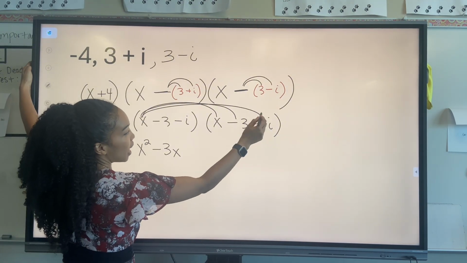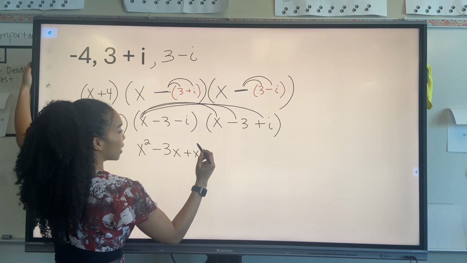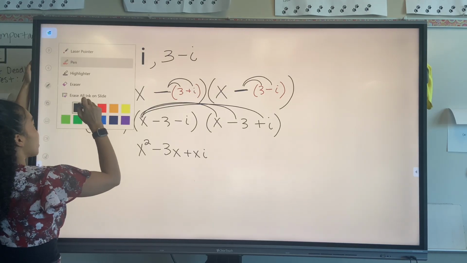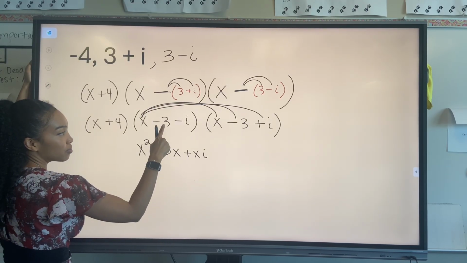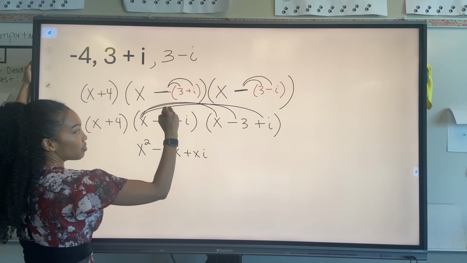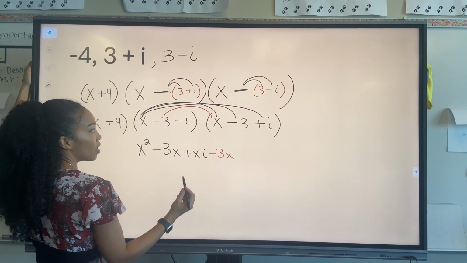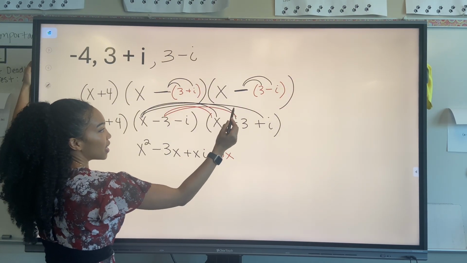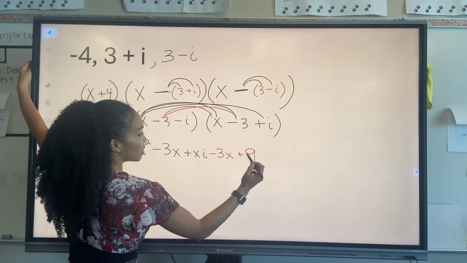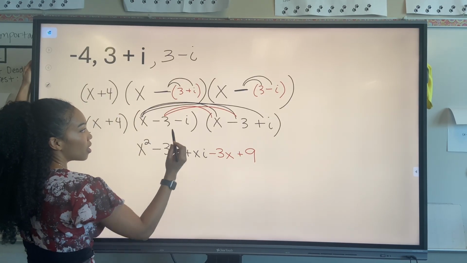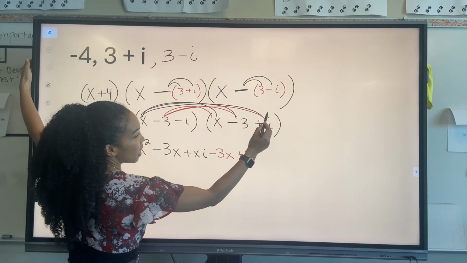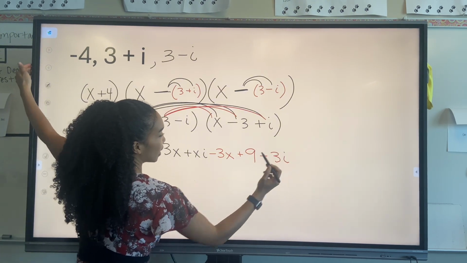X times i is xi. Now we're going to move on to the second number. Negative 3 times x, negative 3x. Negative 3 times negative 3 is a positive 9. Negative 3 times i is negative 3i.